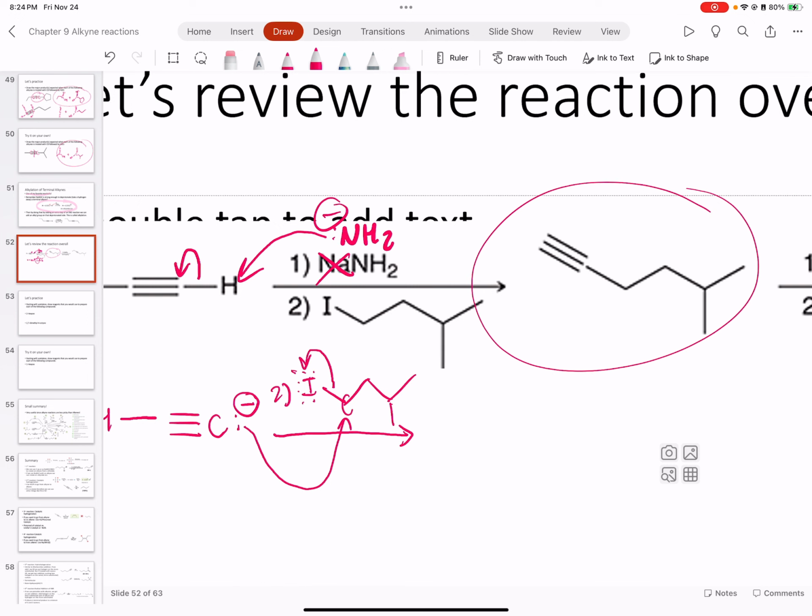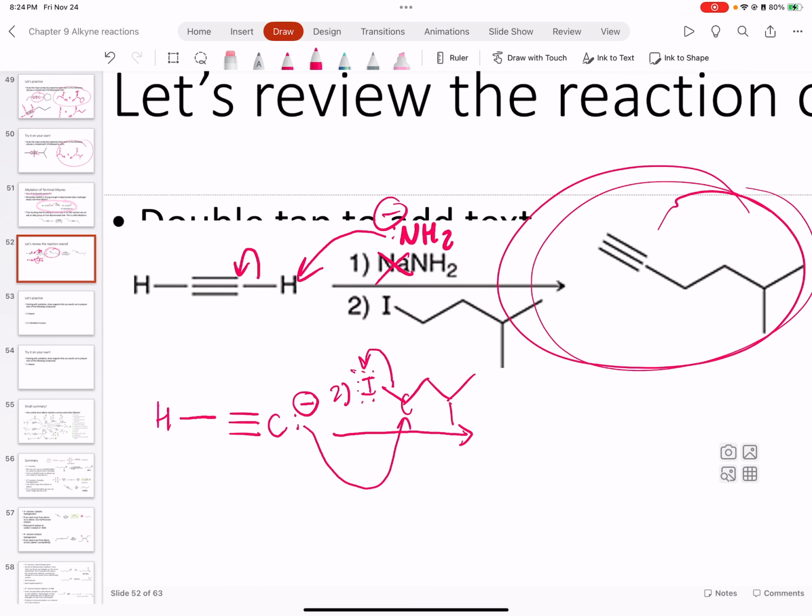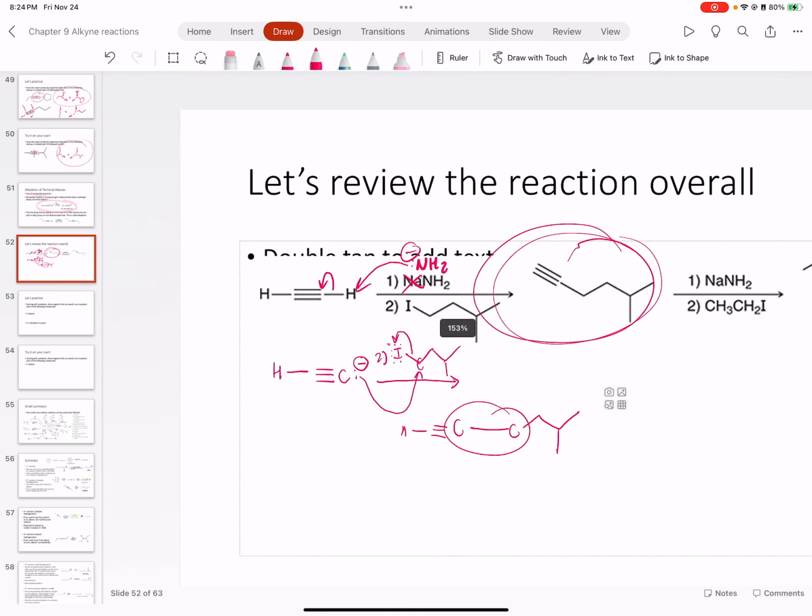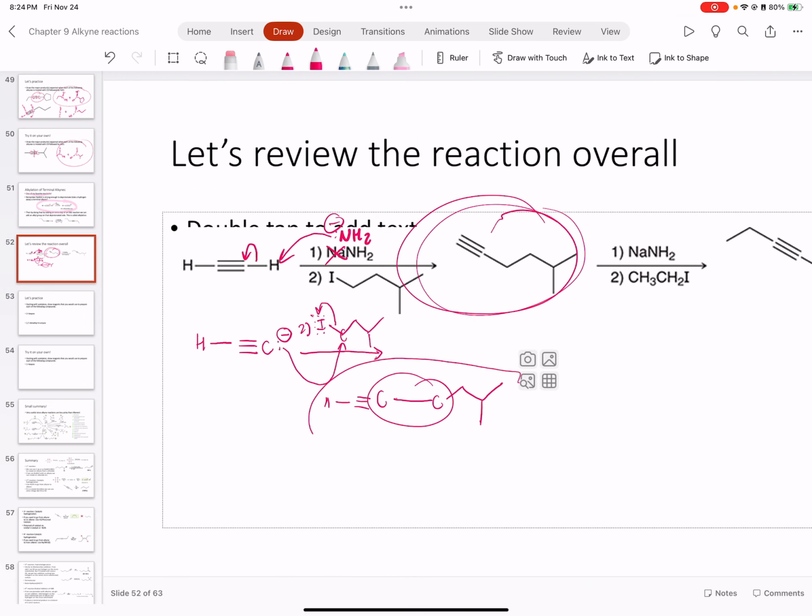That's how we get this product, because it attacks it. Now we add that carbon to it, creating a new bond between these two, and it becomes one.